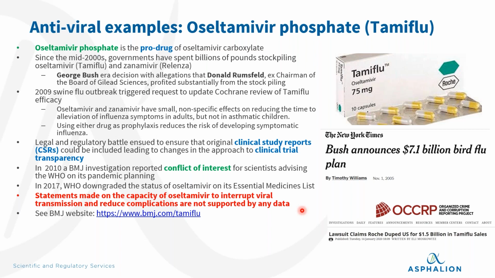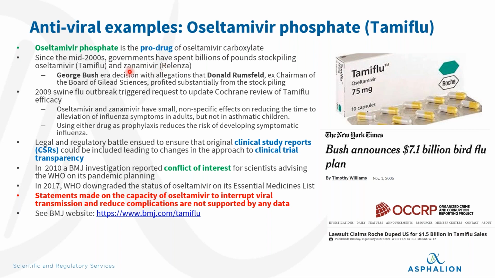Tamiflu's active substance is oseltamivir. It's given as a prodrug, which is a phosphate form. Since about the mid-2000s, so even slightly before the swine flu outbreak, but also because of the swine flu outbreak, several governments decided to stockpile this drug. So Tamiflu and also the related intravenous anti-influenza compound.